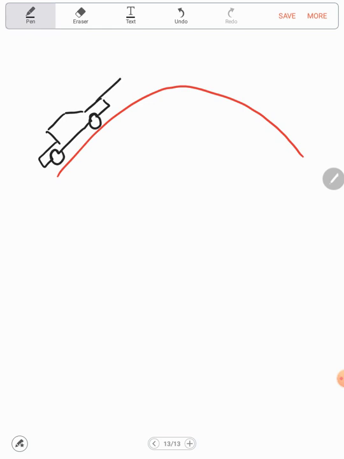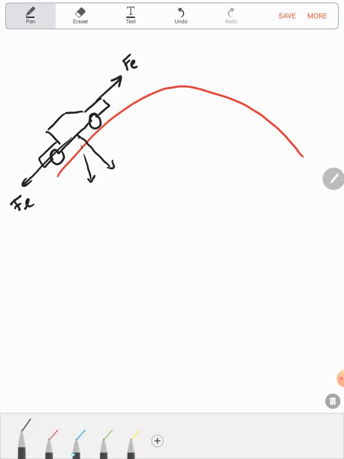Now this will be the direction of the FE. Now here we're having the weight, which has two components. One is orthogonal here, and this will be the F load. And now the rotor or the machine is rotating in this direction.